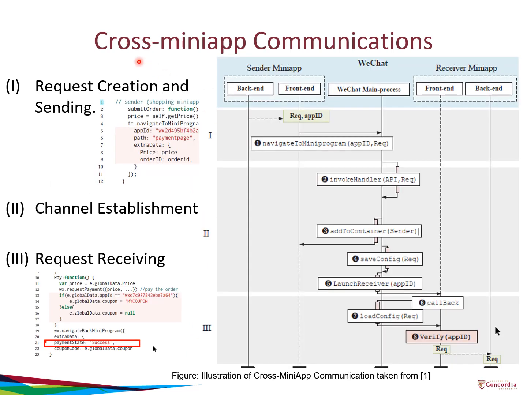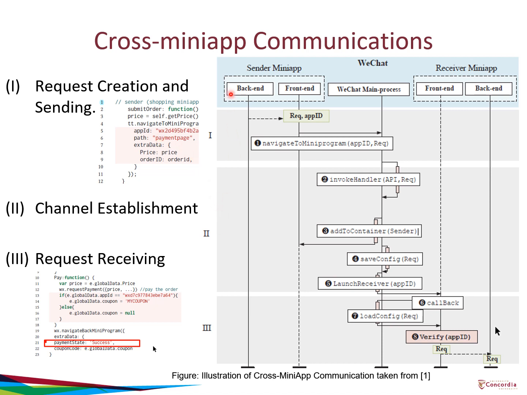We're going to talk about cross-Miniapp communication. In this slide, we have three images. The main image is an illustration of cross-Miniapp communication, taken from the paper also. And we have two more images, which are code that are going to be used in the explanation.